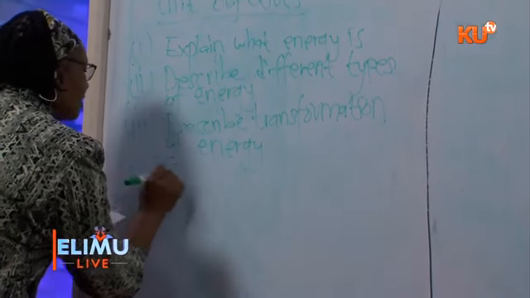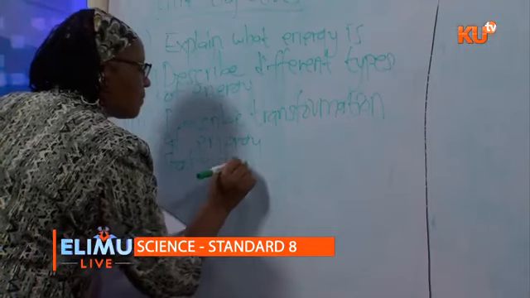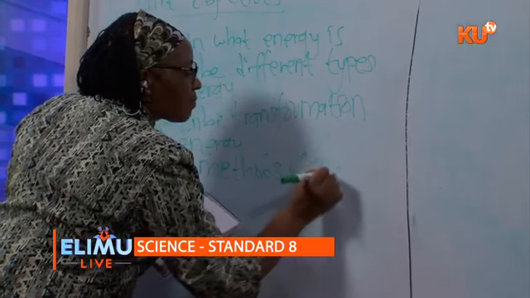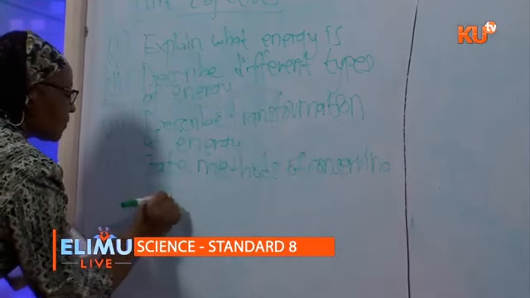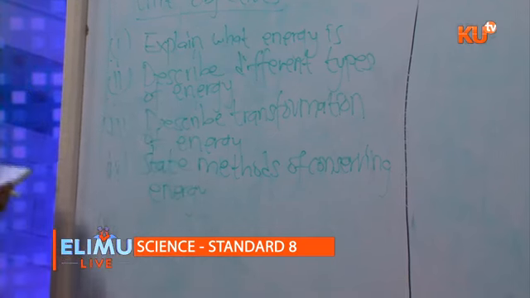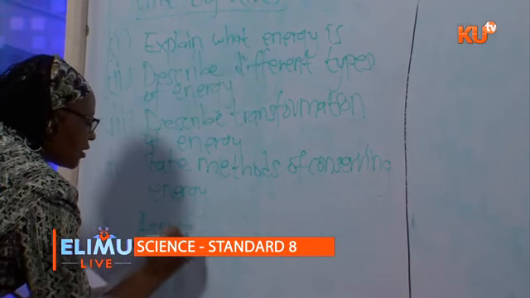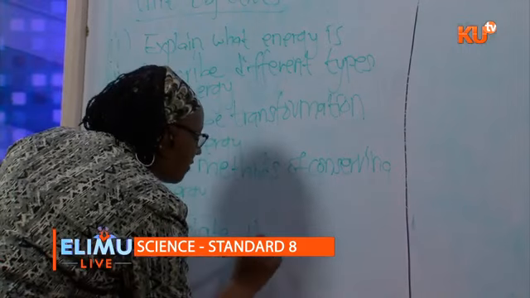The fourth objective is to state the methods of conserving energy. And the fifth objective is to appreciate the need to conserve energy.